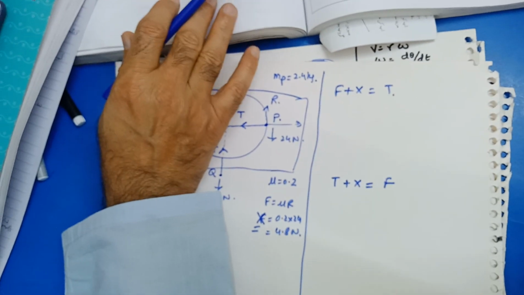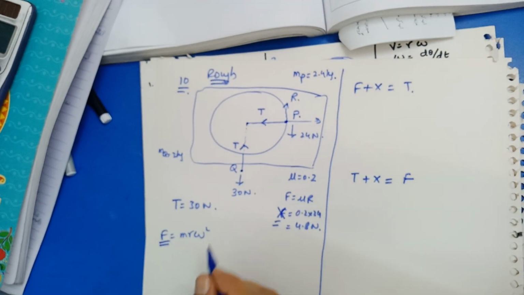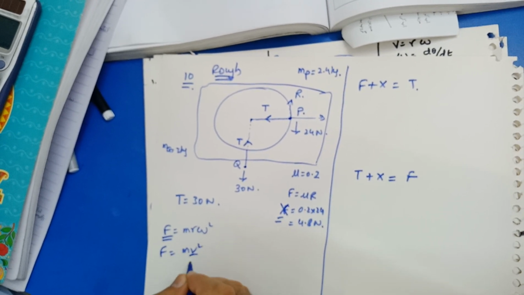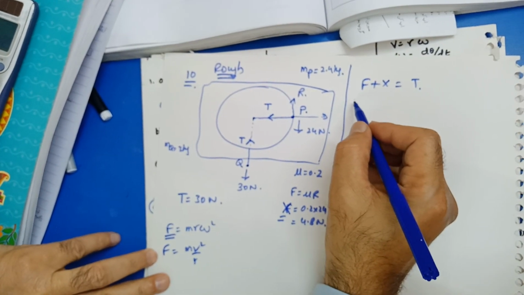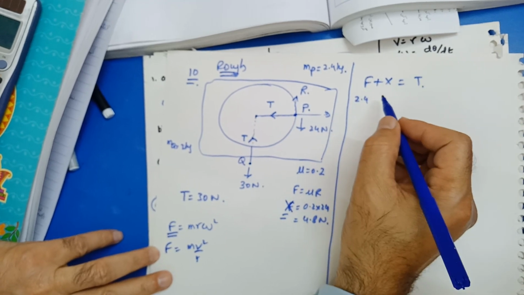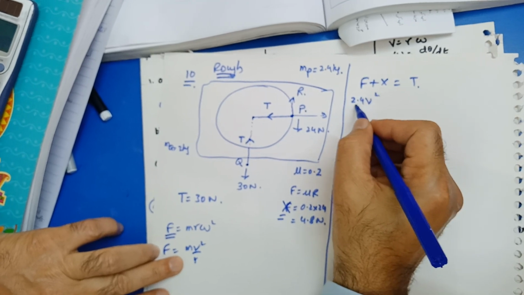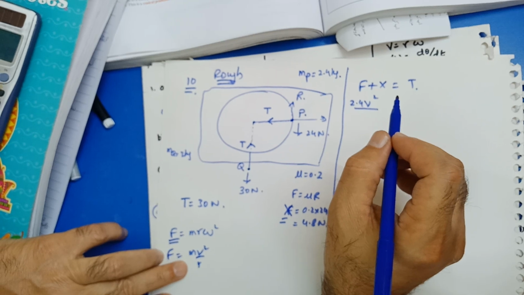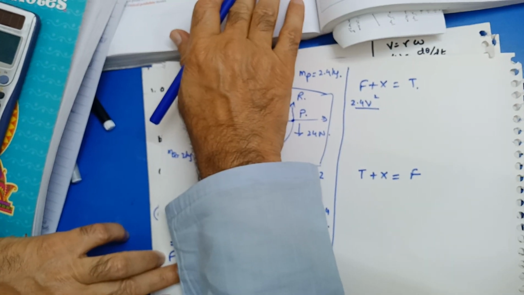Okay, so now he's asking, if Q does not move at any point during the motion, find the range of speeds possible. So we shall be using the formula, instead of this F we shall be using mv square over r. So guys, this is going to be m, the mass of this P, which is 2.4, and V has to be found. V square over the radius. What was the length of the string over here?